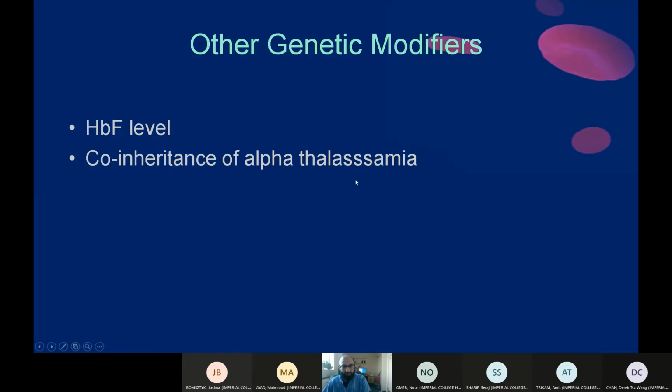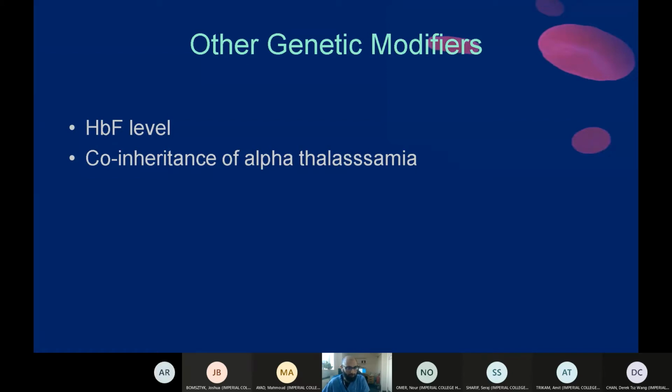So some of the genetic modifiers in sickle cell disease, just to mention: there are subpopulations of individuals, particularly in certain areas of the world. We sometimes refer to individuals having haplotypes of sickle cell disease, and these haplotypes originate from different parts of the world.